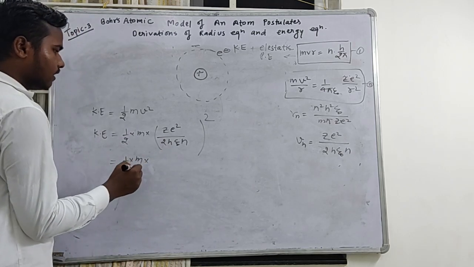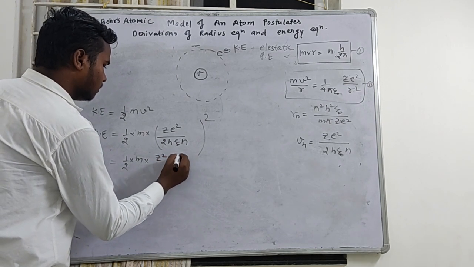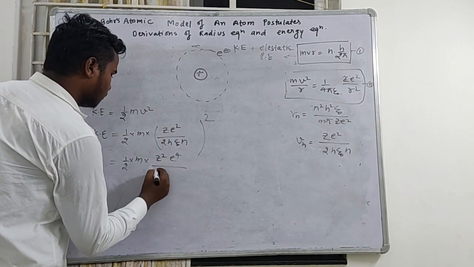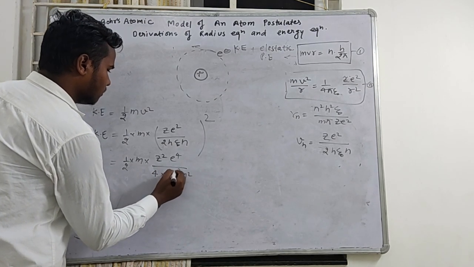So from here it will be z square e to the power 4 divided by 4 h square epsilon naught square.